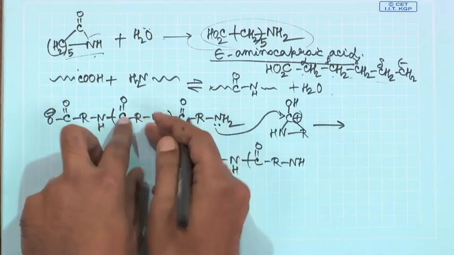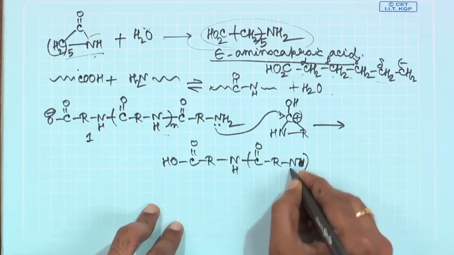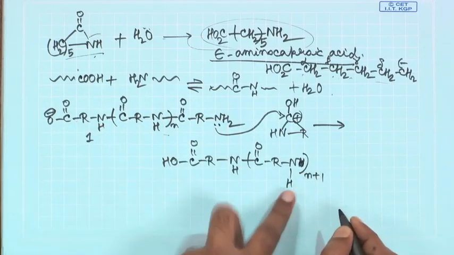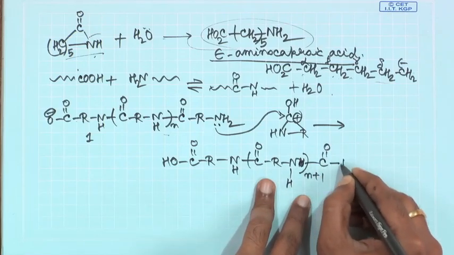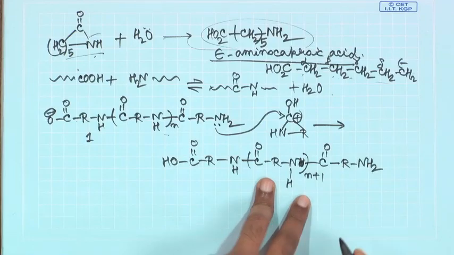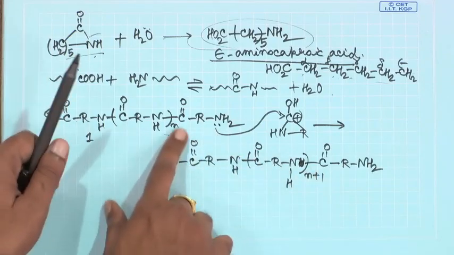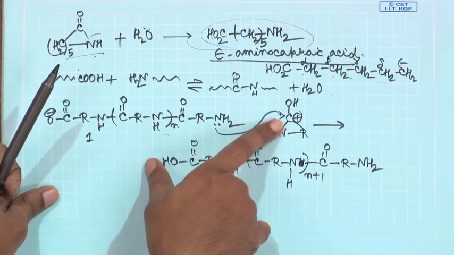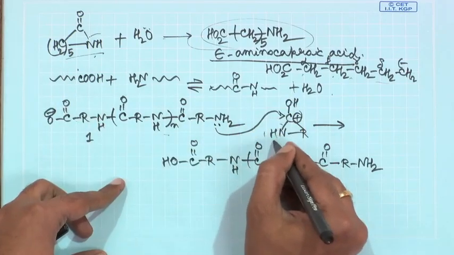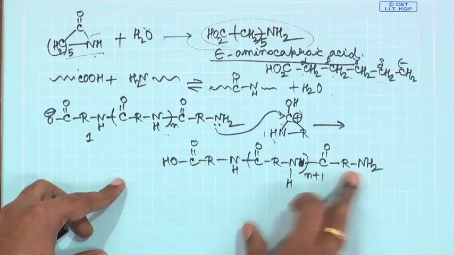So, this will be added to this repeat unit, giving n plus 1 number of units, and then at the end you will have again COR NH2. You understand, because it will be COR NH and then again CO, and then this bond breaks up and at the end you will have RNH2.